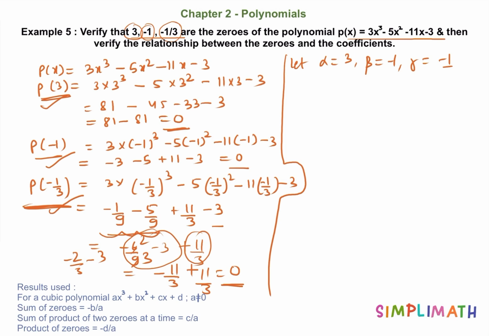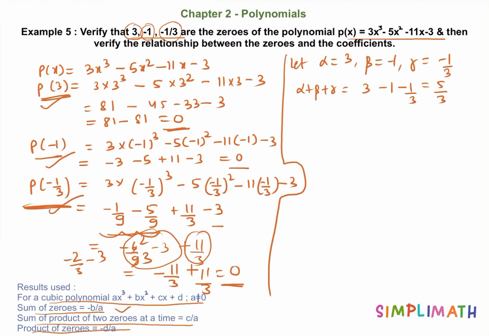Now we know that for a cubic polynomial ax cubed plus bx squared plus cx plus d, the sum of the zeros is minus b by a, the sum of the product of two zeros at a time is c by a, and the product of zeros is minus d by a. So the sum of the zeros, alpha plus beta plus gamma, is equal to 3 minus 1 minus 1 by 3, which is equal to 5 by 3.